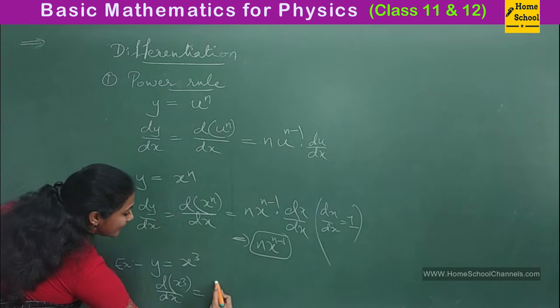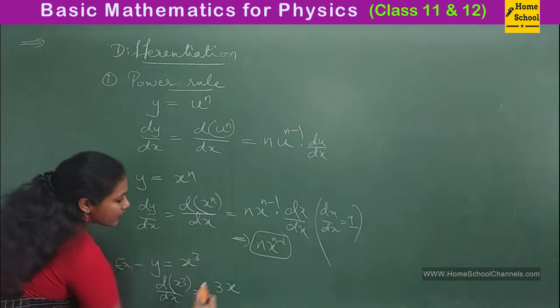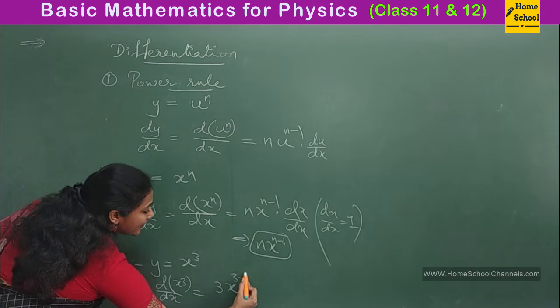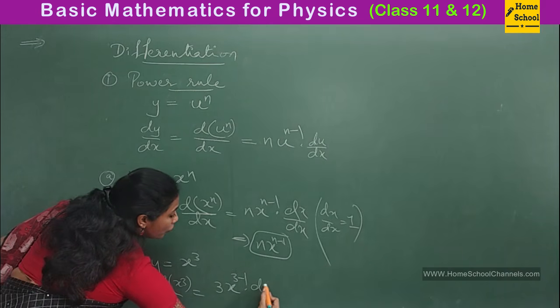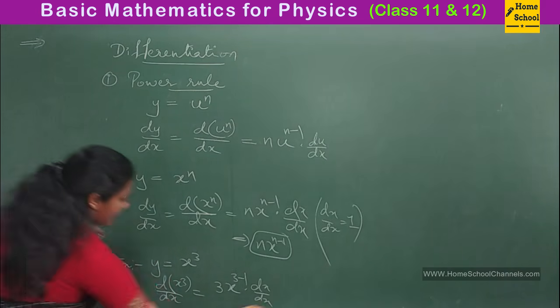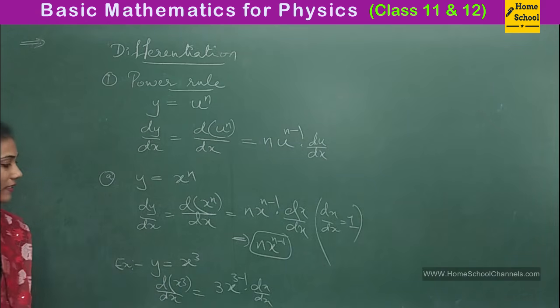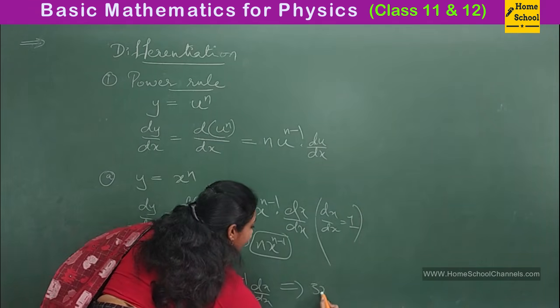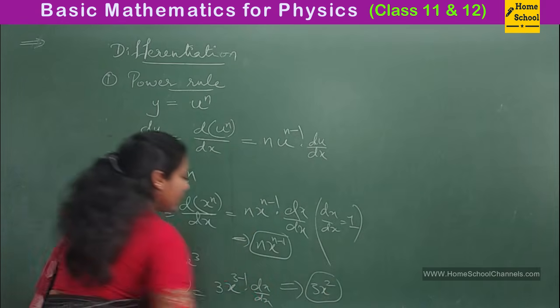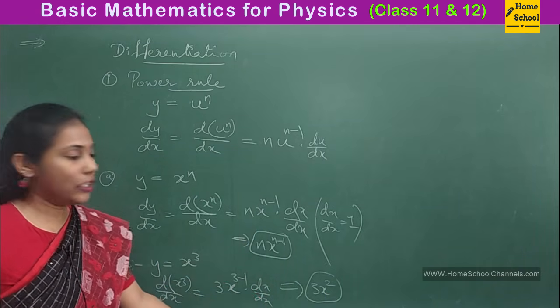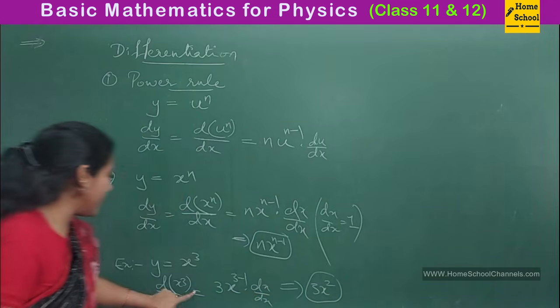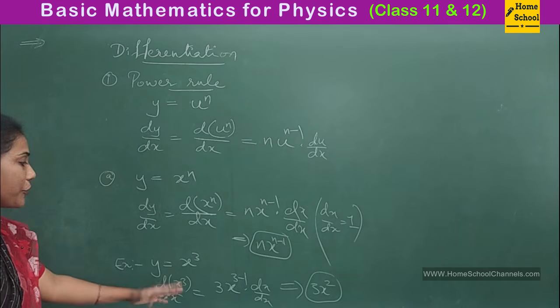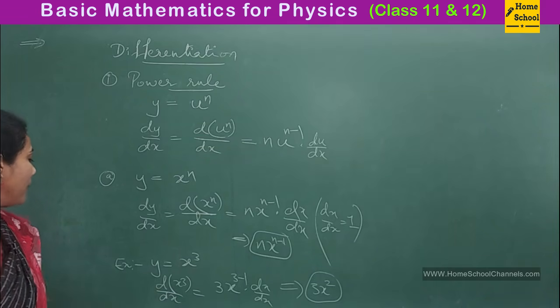That is 3 into x to the power 3 minus 1 into dx by dx, and dx by dx is 1. So the answer is 3x square. This is how we use the power rule.